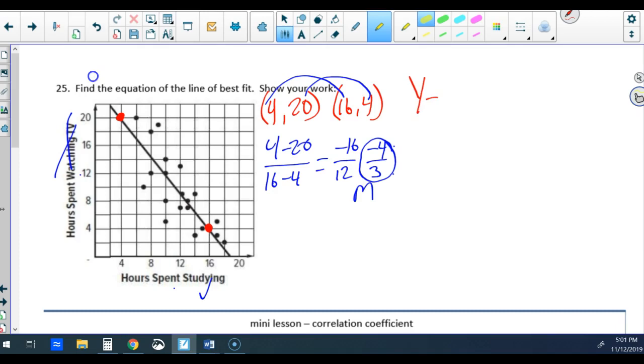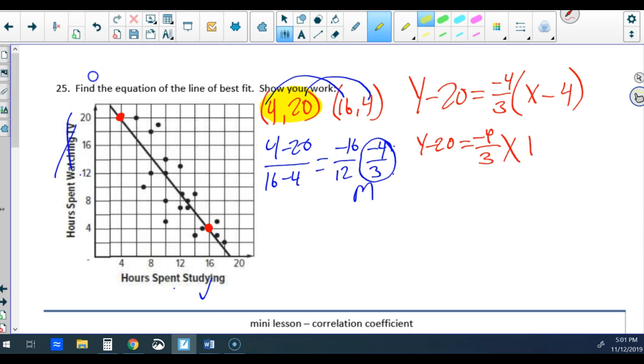y minus, I'm going to go with this point. So y minus 20 equals m, negative 4/3, times x minus 4. y minus 20 equals negative 4/3 x plus 16/3. I'm getting into an ugly fraction here.